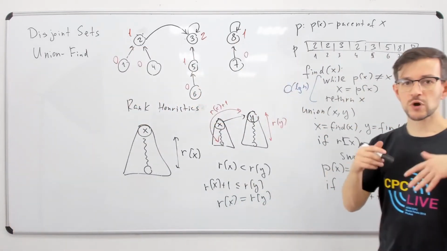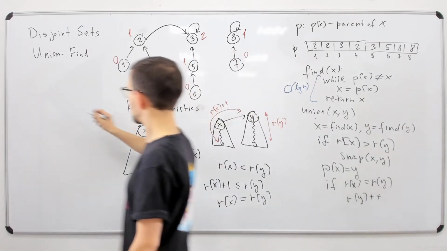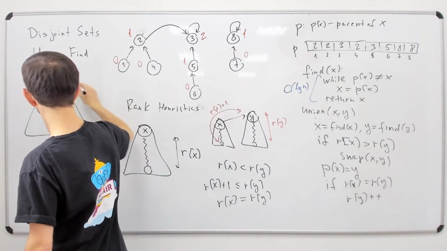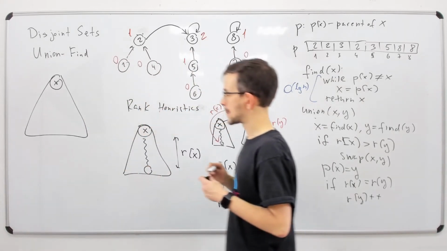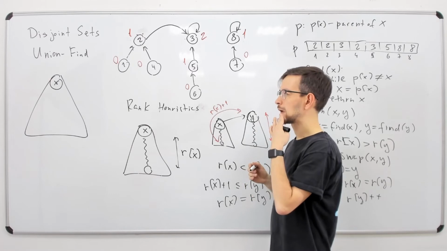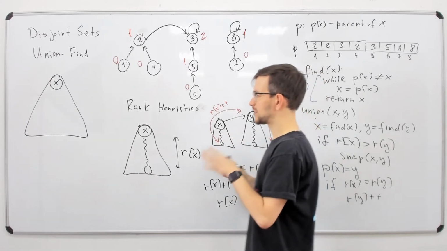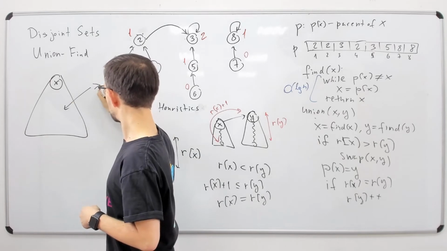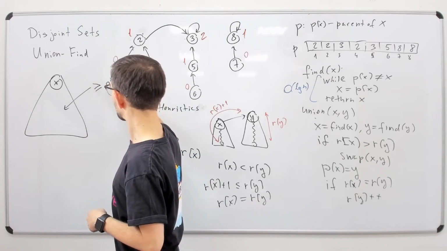If you have an element of rank r, so you have some tree. I claim that the number of elements in this tree is at least 2 to the power of the rank of x.